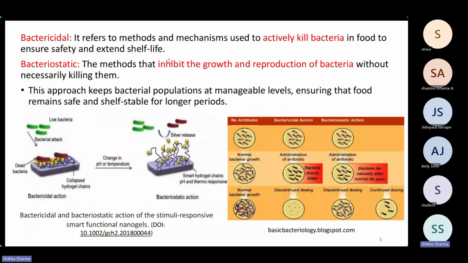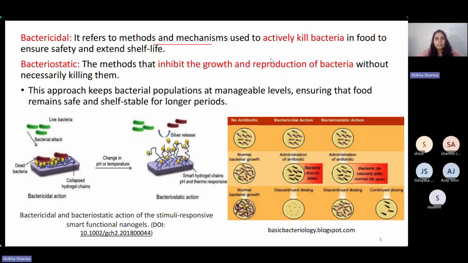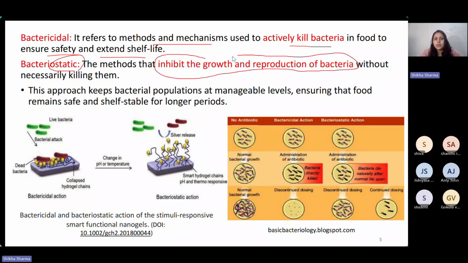Bactericidal means the methods and mechanisms used to actively kill the bacteria in the food to ensure safety and extend the shelf life. Whereas bacteriostatic includes the methods which inhibit the growth and reproduction of the bacteria without necessarily killing them.